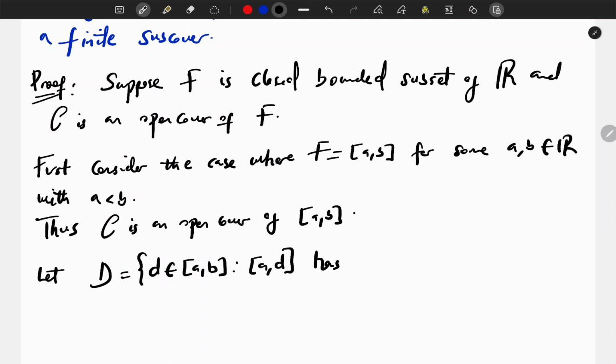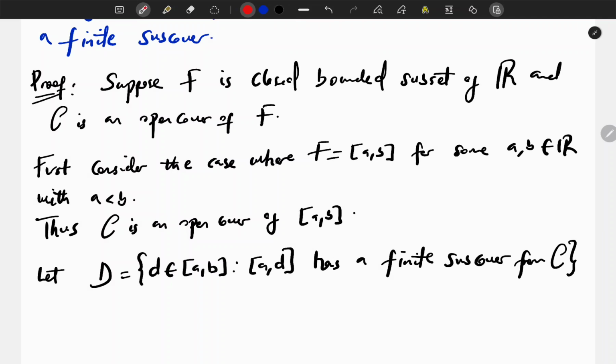So let D be the set of d such that [a, d] has a finite subcover from C.